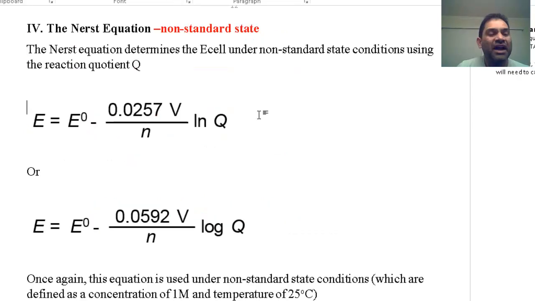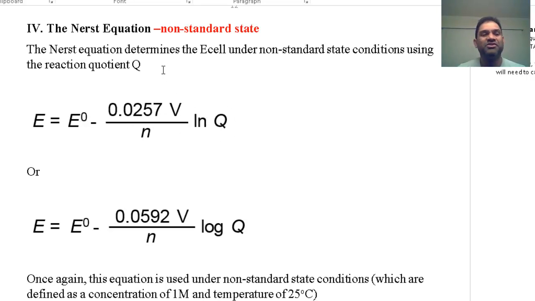Like what we have been talking about in our previous chapters, in order to get E at the non-standard state, you need to calculate E naught at standard state. It's the same situation as calculating delta G: you need the delta G at standard state. And this is the natural log version.